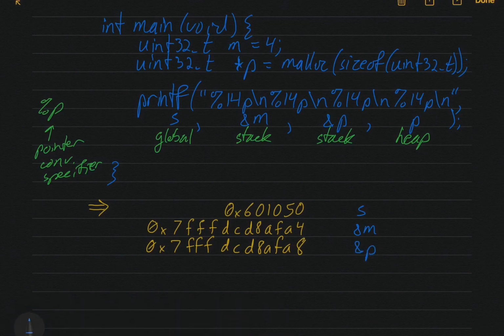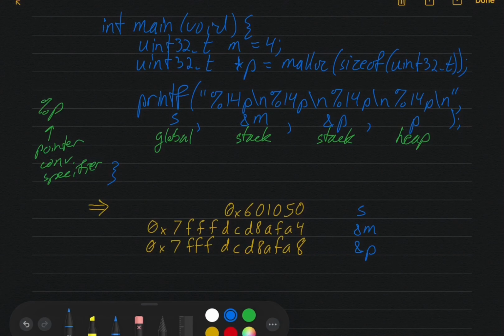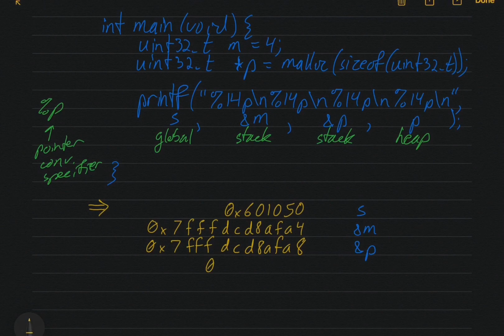So that's where p is being stored. The address in the heap starts underneath the last F there. So 0x 2 5 2 E 0 1 0.